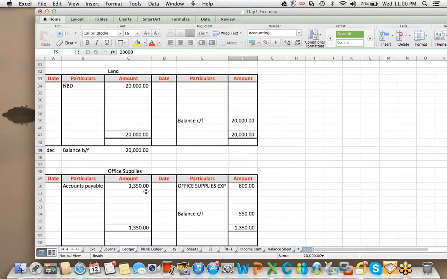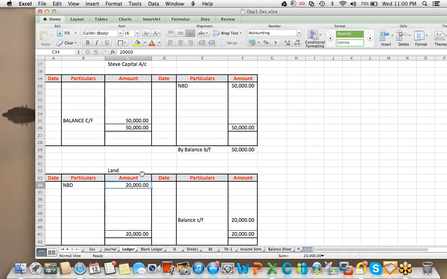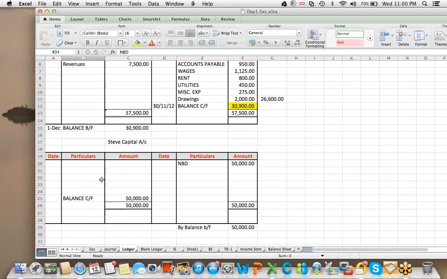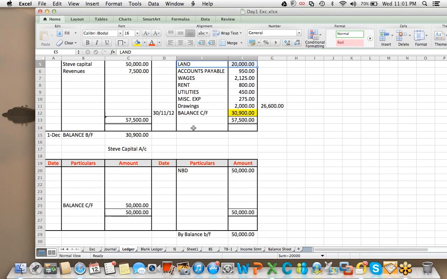You said land was debited with NBD, so the same entry should have an effect in the NBD account also. You're right. That has to come into the credit side, right? Credit side, here it is. Otherwise, the posting is wrong, and the trial balance won't match, debit and credit.